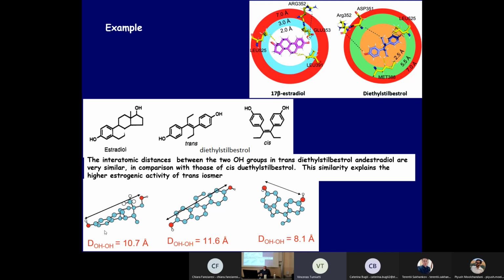These scientists at that time tried to measure the distance between these two OH, and the distance was about 10.7 angstrom, you see.